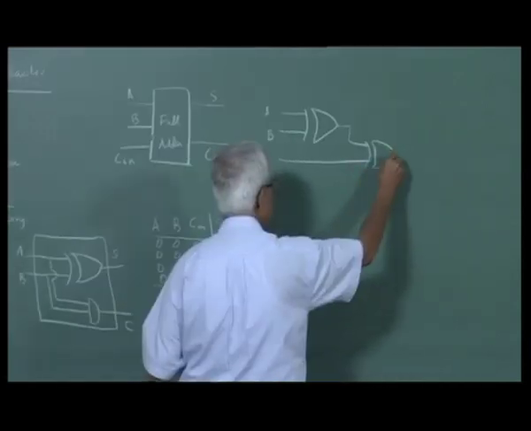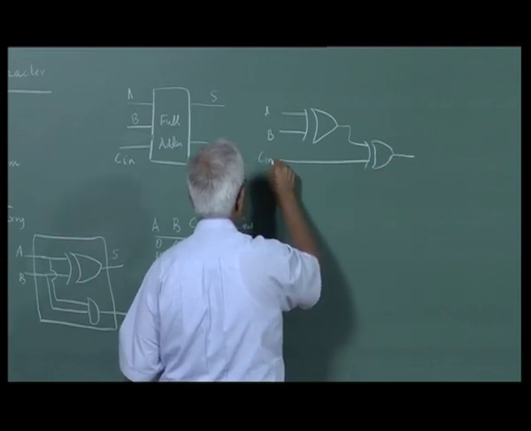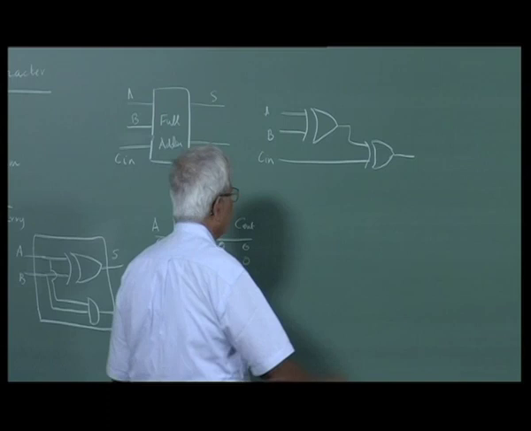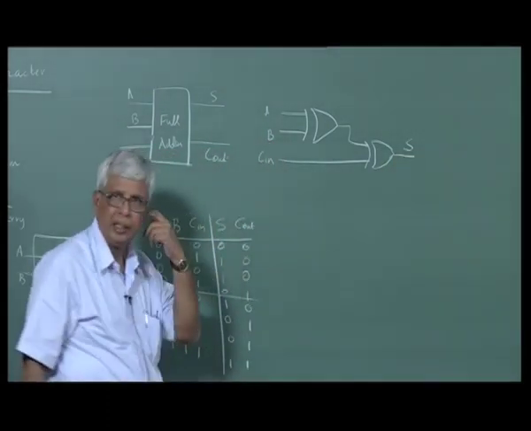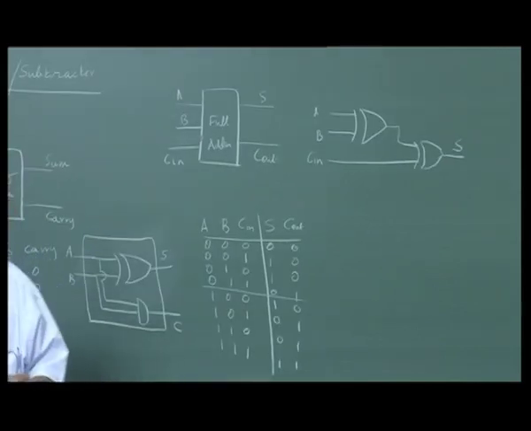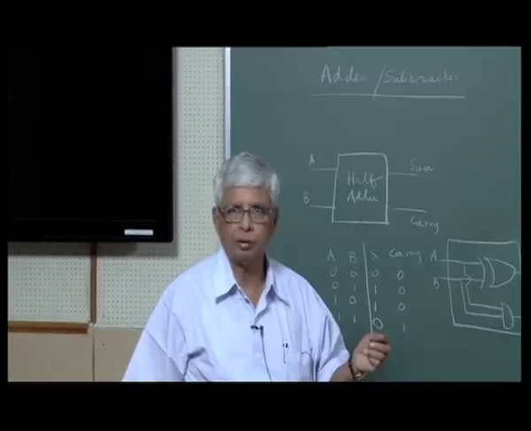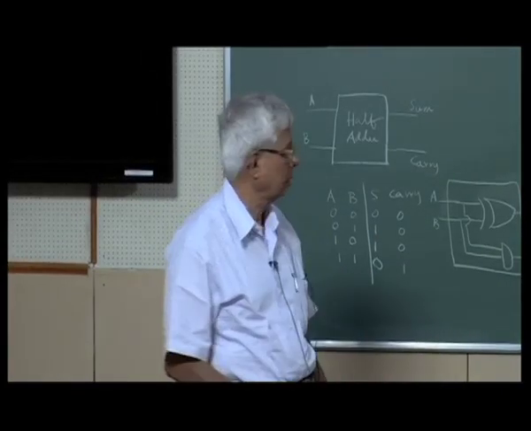But the carry has to be taken into account, so I need one more exclusive OR whose input is carry in. So the output is sum. So the sum of A, B and C in of a full adder is A exclusive OR B exclusive OR C in, or 2 exclusive OR gates.